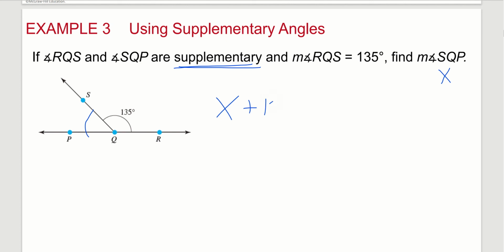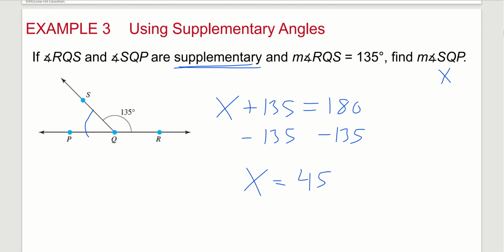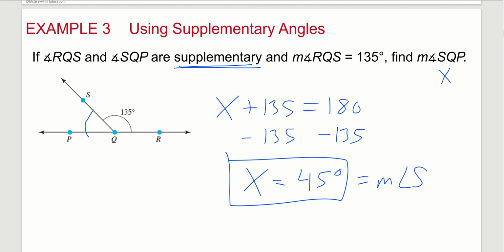So X plus 135 equals 180. To solve for X, we would subtract 135 from both sides, and we would get that X is equal to 45. So the measure of SQP is 45 degrees.